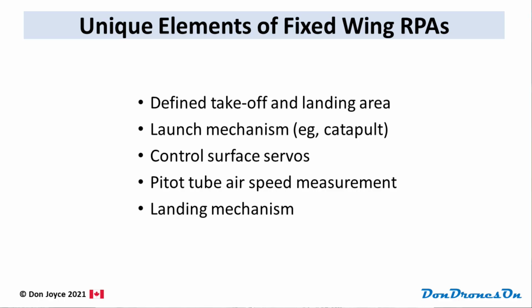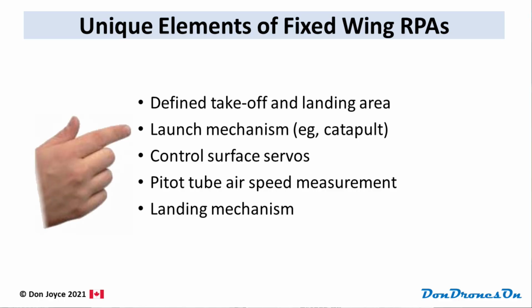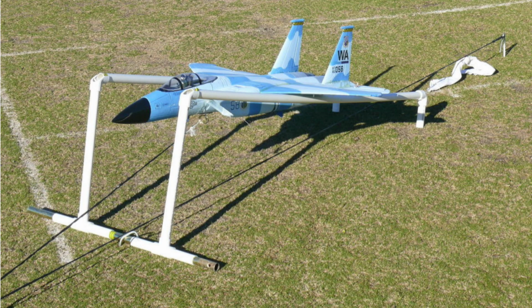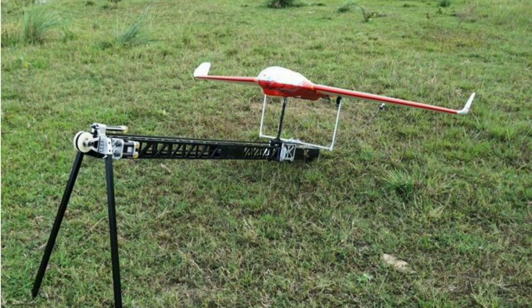Fixed wing RPAs often need a boost of speed at launch time to reach flight velocity. This can be as simple as a strong toss in the air or as complicated as a catapult. Catapults can be powered with special bungee cords, springs, or even pressurized gas.